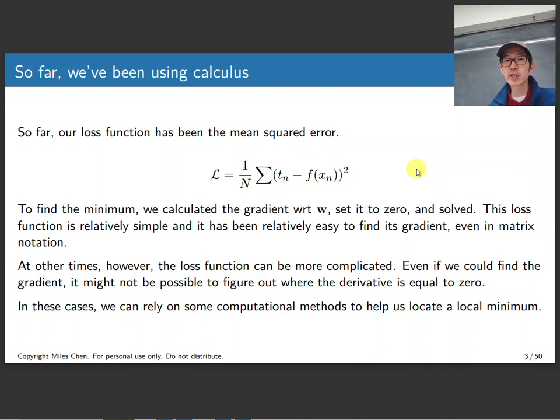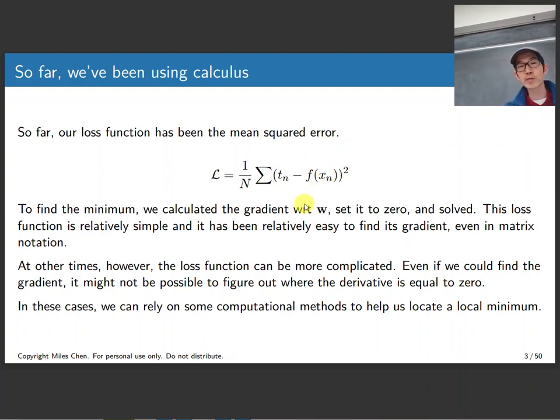The way we've been finding the parameters that minimize our loss function is with calculus. We pick the slope and the intercept that minimize our loss function, which is the sum of squared error, or the mean squared error, where we take the difference between the actual and the predicted values.